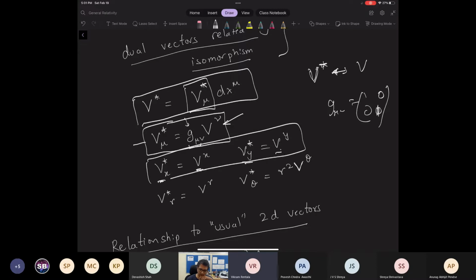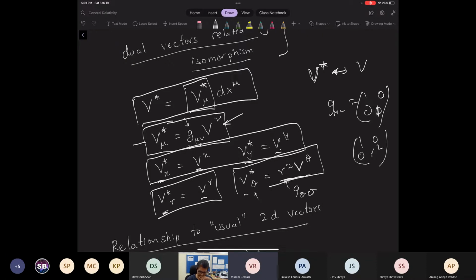In polar coordinates, the dual vector component vr star would be vr, but v theta star would be r square times v theta, because in polar coordinates the metric is this. So this would be the g theta theta component. That's what gives me v theta star. If this idea of dual vectors is unfamiliar to you, we'll see why it matters.